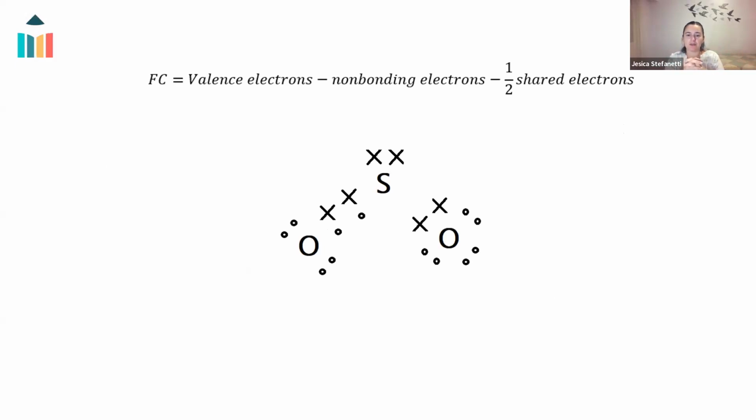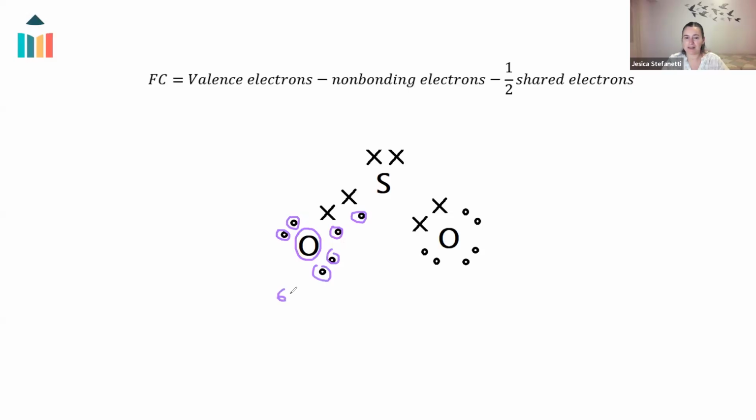Let's say we have sulfur dioxide. If I had to identify the formal charges over each atom, let's get started with this oxygen. I will start by counting the valence electrons. The oxygen here will have 6. Those 6 are the valence ones, so I will start by adding 6.